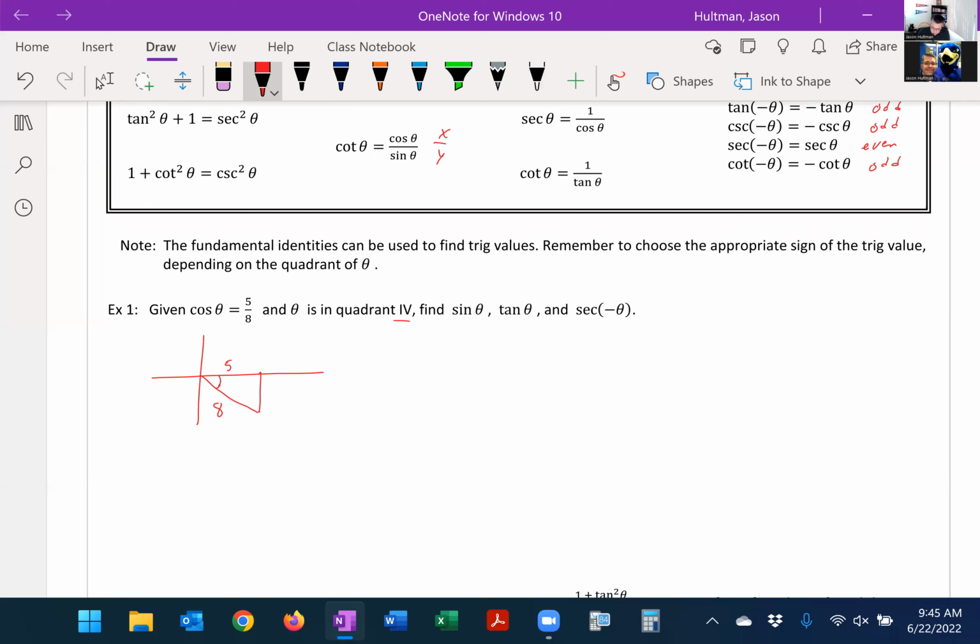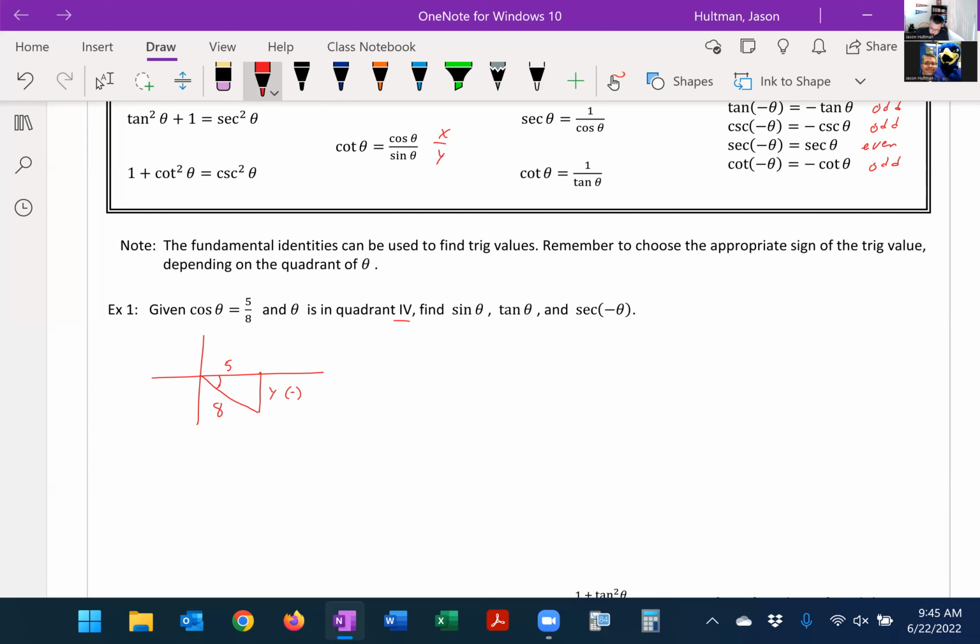That means my opposite side, or y in this case, is going to end up being a negative value, because y values are negative in the 4th quadrant. So keep in mind that this guy is a negative. It says find the sine of theta, the tangent of theta, and the secant of negative theta.